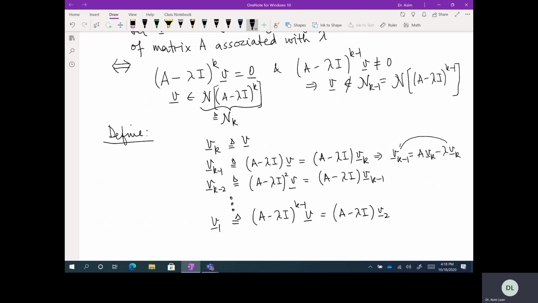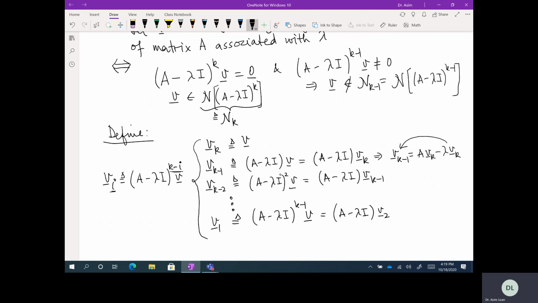If lambda v_k comes on this side, we have the same equation: A v_k is equal to lambda v_k plus the previous vector. So this is why we have defined it like this. And this one is simply v_i, which by definition is (A minus lambda I)^(k minus i) times v. So if this is i, this is k minus i, same here.